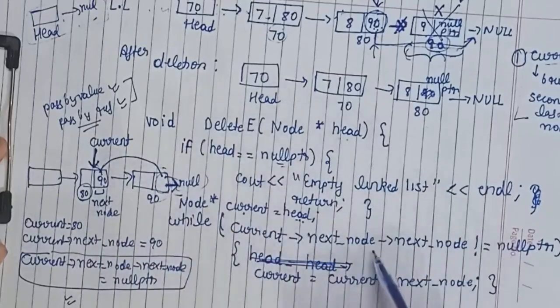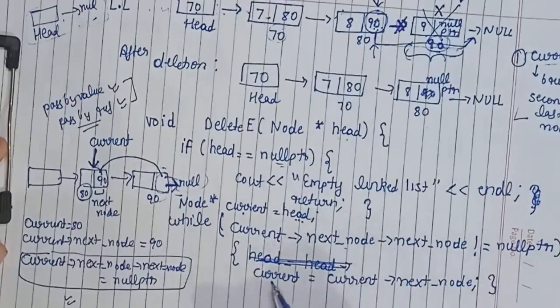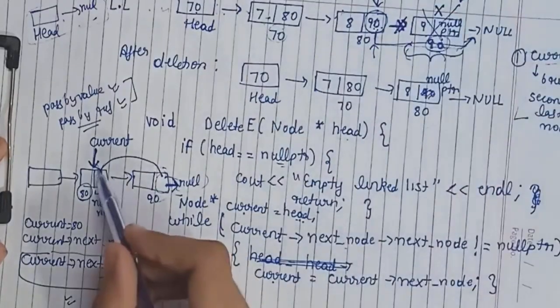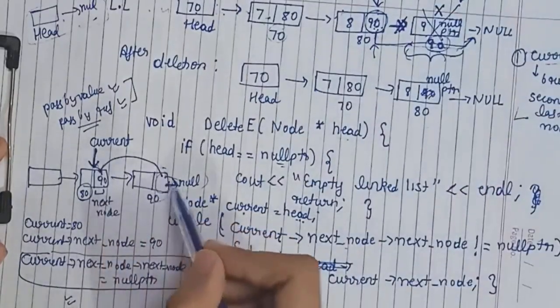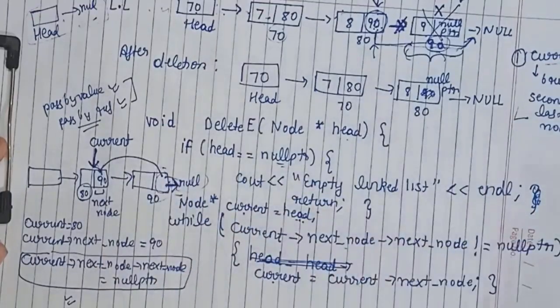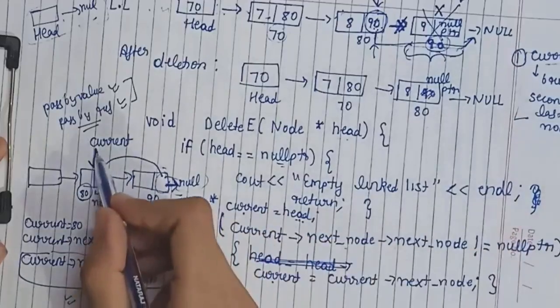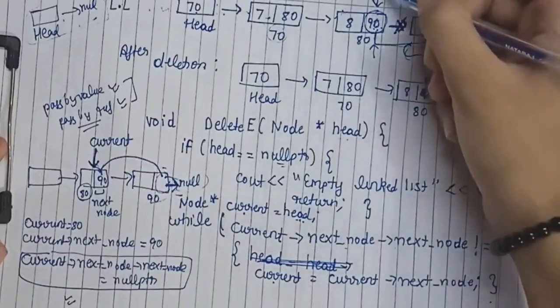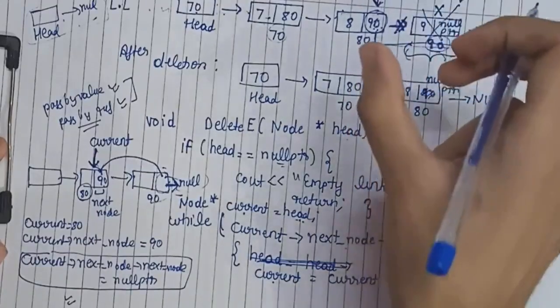Until this condition becomes true, we will make our current pointer move ahead by a step, and once current's next node's next node becomes equal to null pointer, then we will stop, because now we know that our current pointer has reached the second last node. So after this loop is completed, our current pointer will be pointing to the second last node.